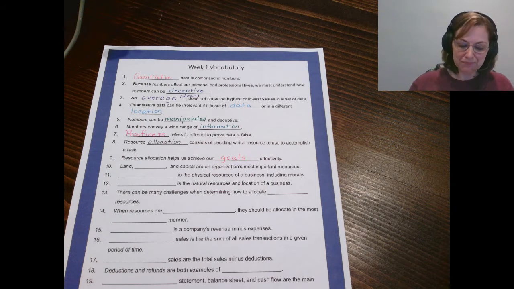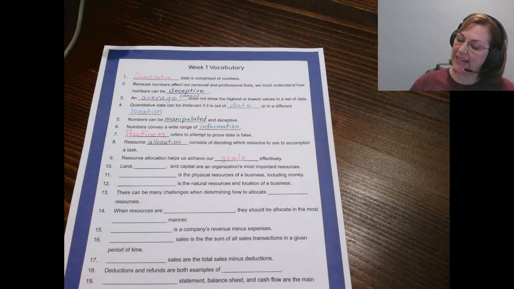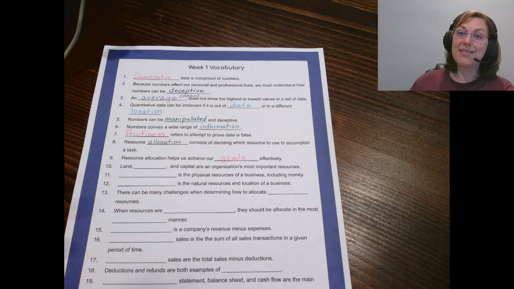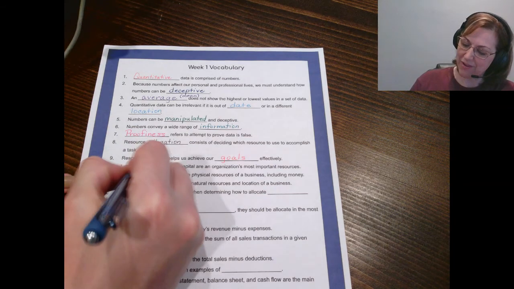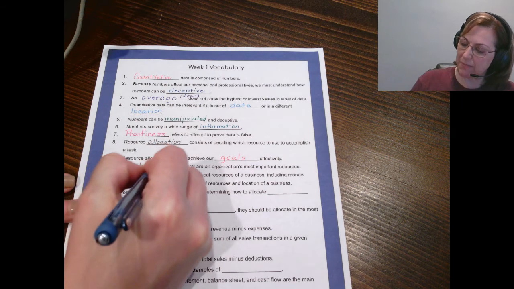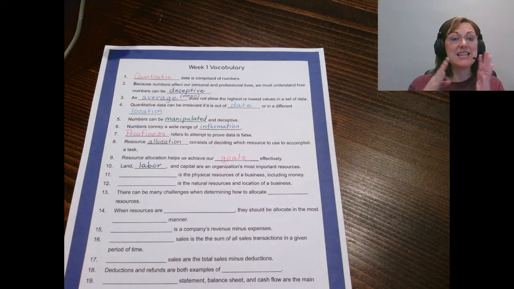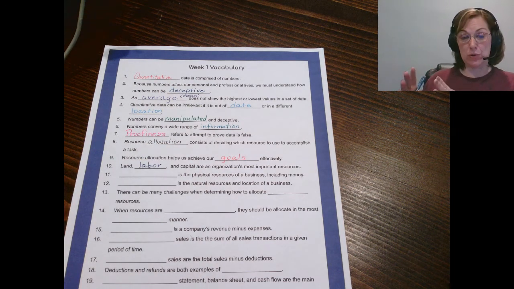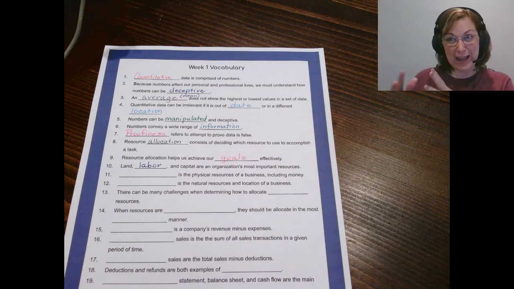All right. Number 10, land, blank, and capital are an organization's most important resources. Land, labor, right? This is the people working in the business there. Land, labor, and capital. Now, capital, remember, that's your cash, right?